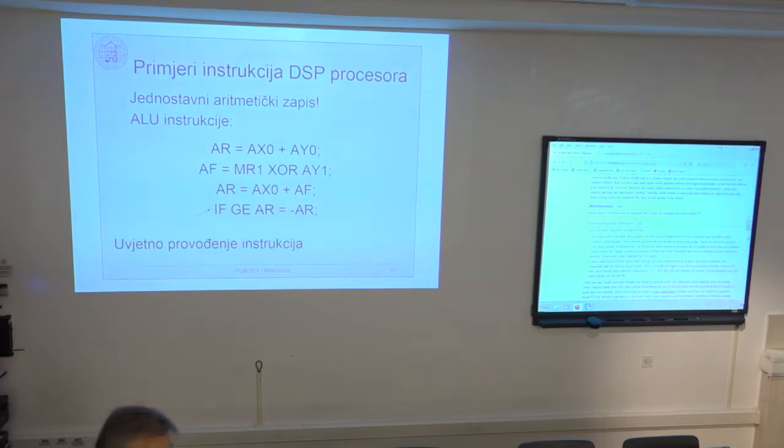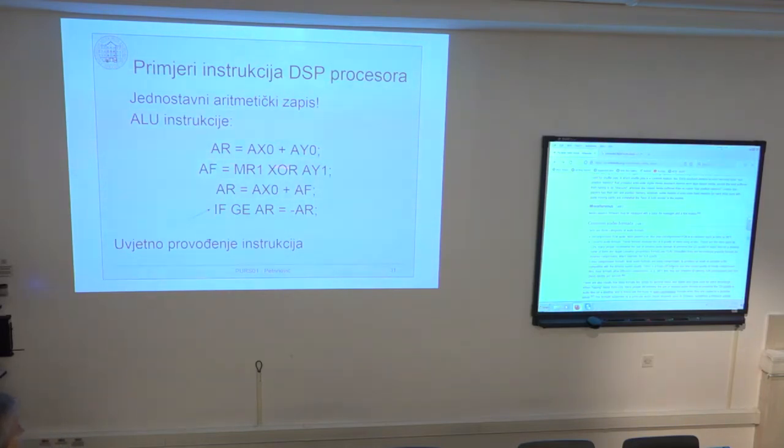So instead of this mnemonic-based syntax, which is commonly used for most of the processors, the company Analog Devices decided to use this algebraic form of assembly instructions. Why? Because the users of these DSPs are some kind of scientists, and they know mathematics, and this kind of mathematical expression is much more meaningful to them than this kind of mnemonic-based assembly instruction.